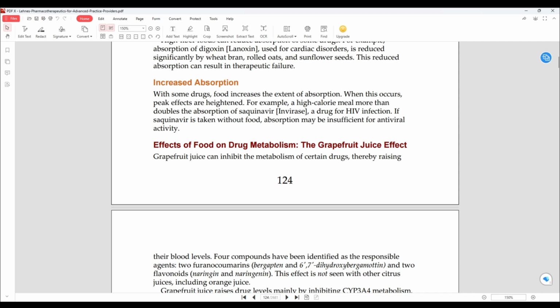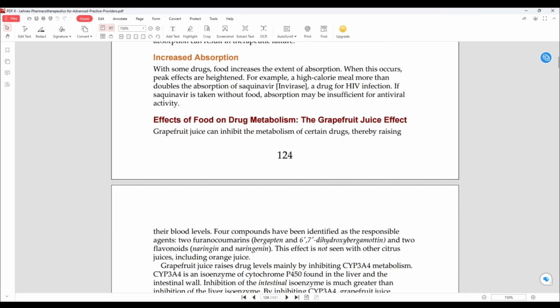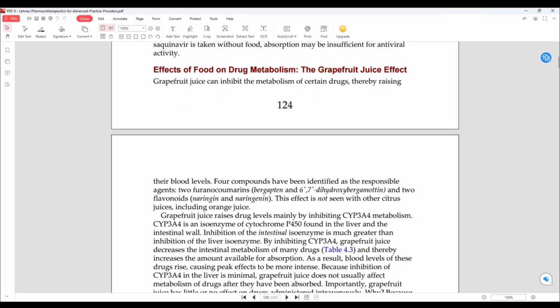When this occurs, peak effects are heightened. For example, a high-caloric meal more than doubles the absorption of saquinavir, or Invirase, a drug for HIV infections. If saquinavir is taken without food, absorption may be insufficient for antiviral activity.